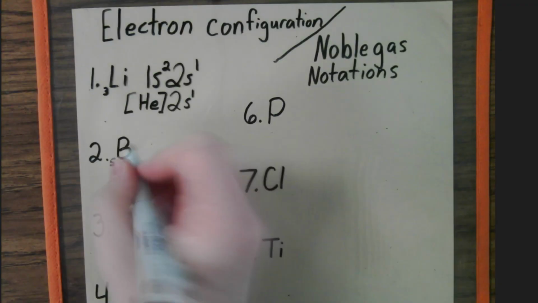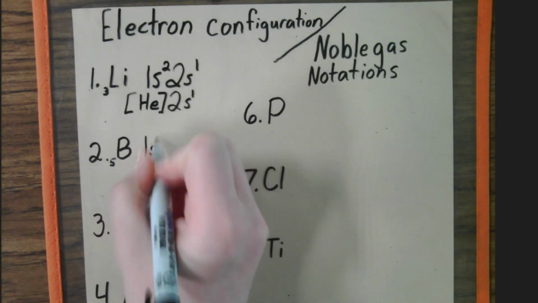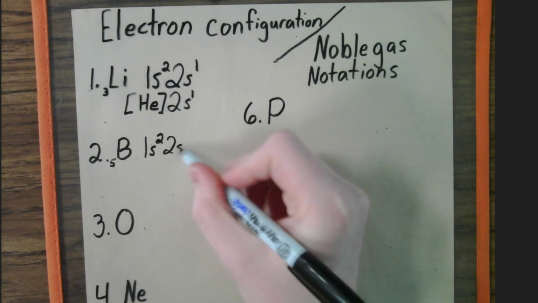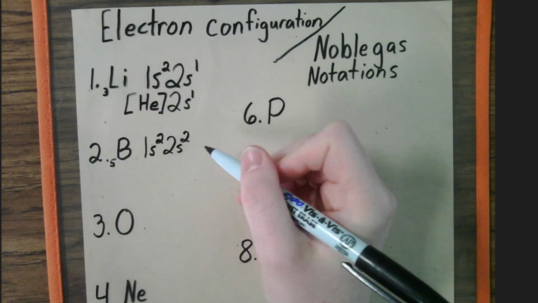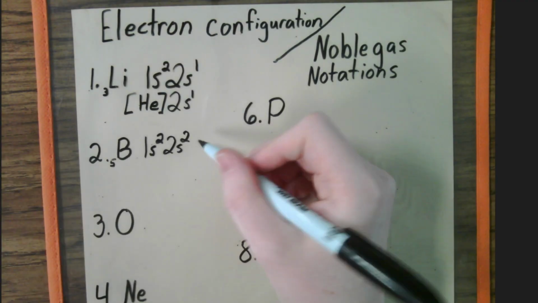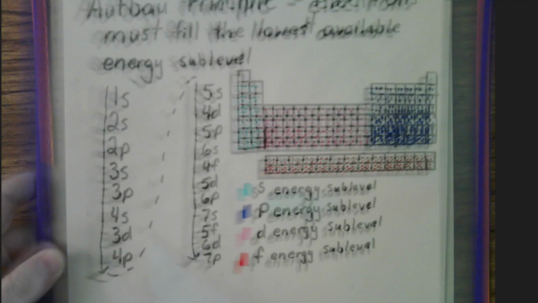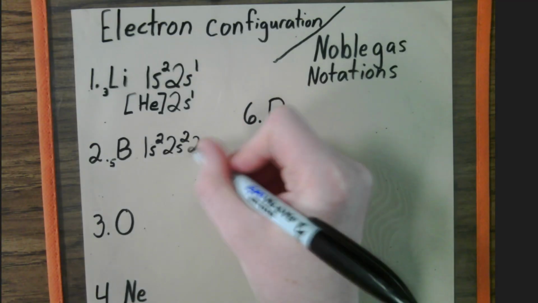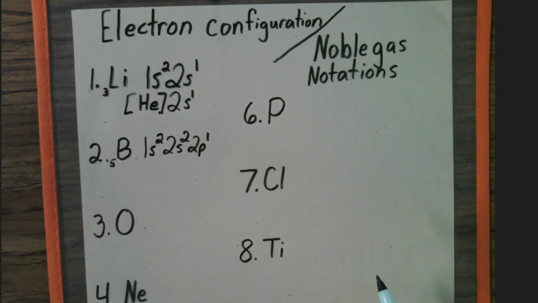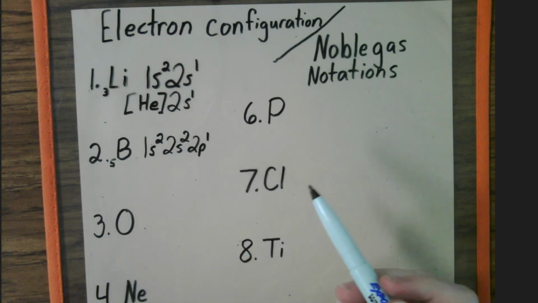So we're going to go 1s2, because that's the max it can hold, 2s2, again the max it can hold. We're up to 4, but we need to get to 5. So this next one is going to be our 2p, 2p1. That is our electron configuration for boron. We have a total of 5 electrons.